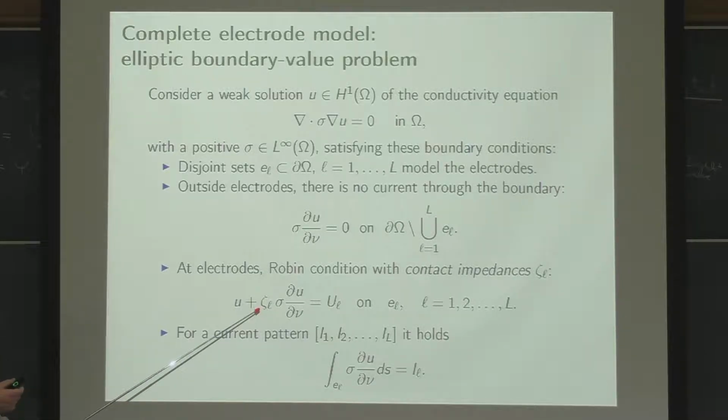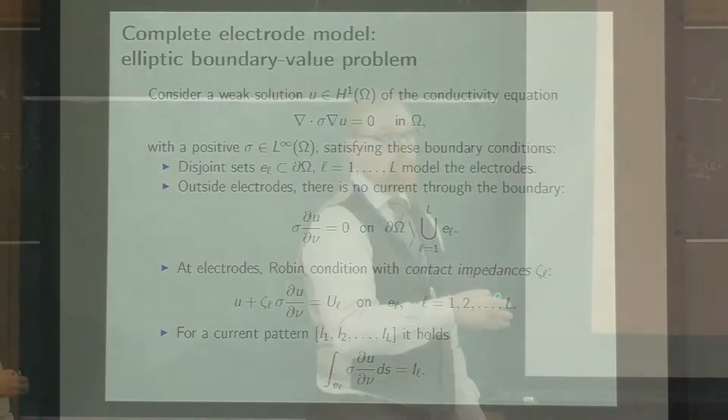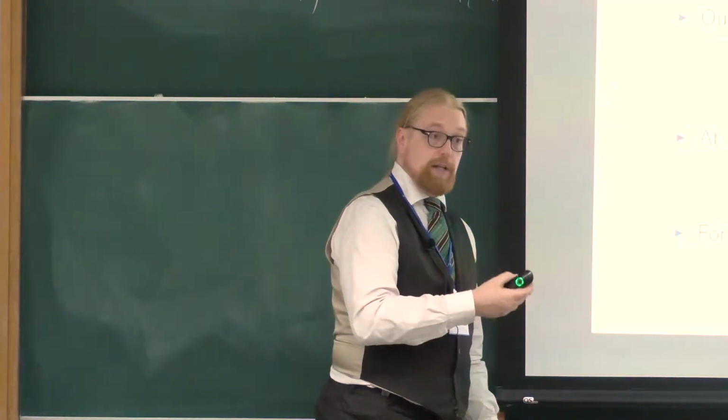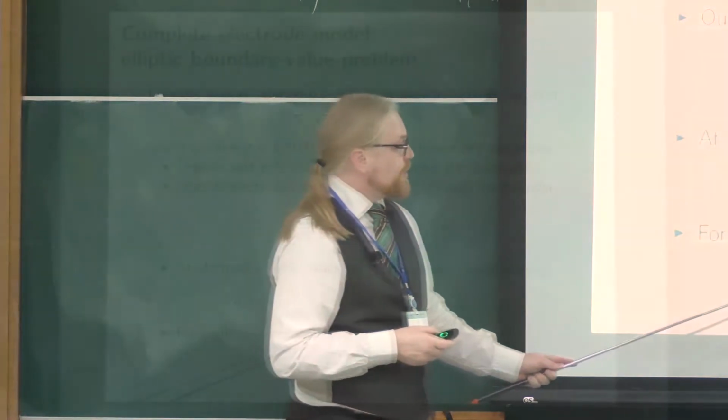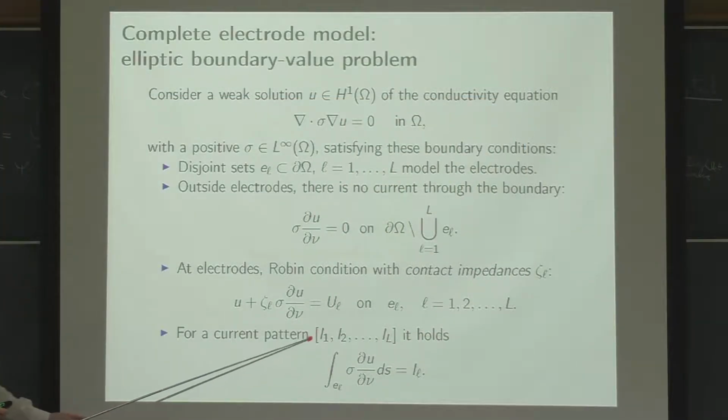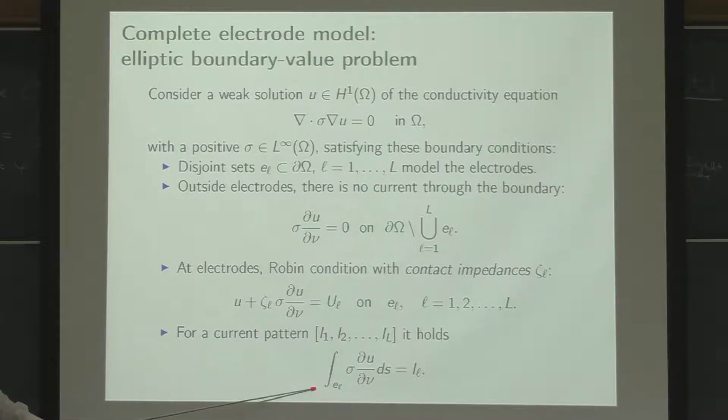And actually, these are also unknown in the inverse problem. So today we will assume these are known, but in practice they are not. So they should also be, although they are not interesting, sometimes left as degrees of freedom in the problem. And then the current pattern is understood like this.